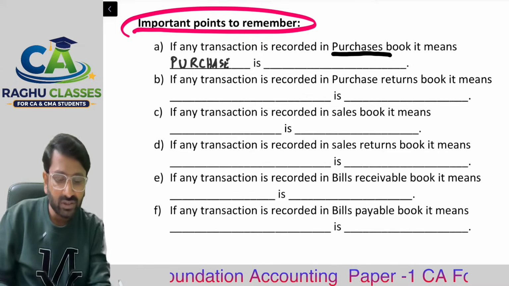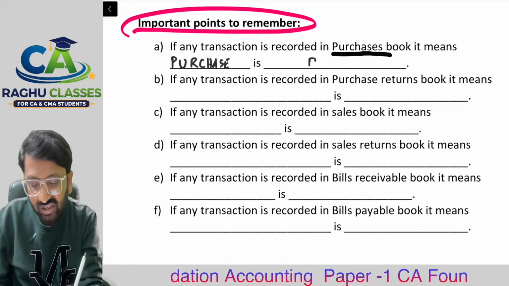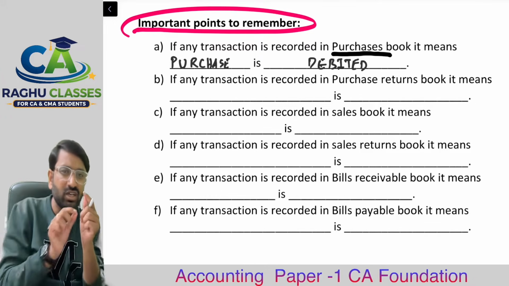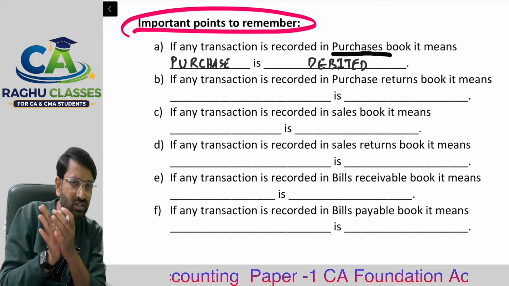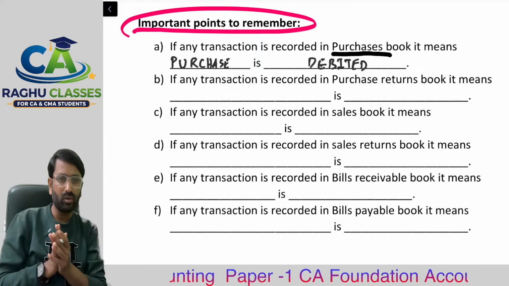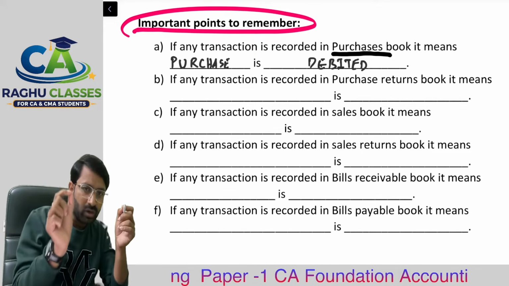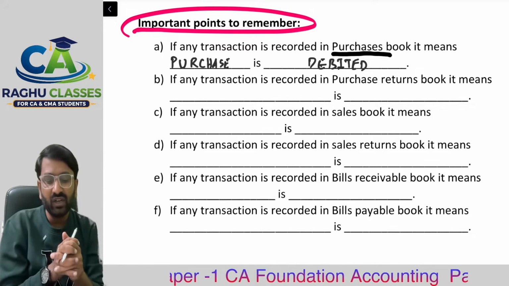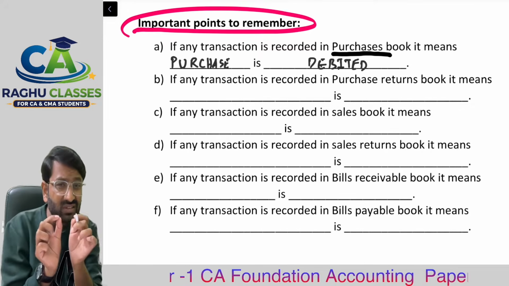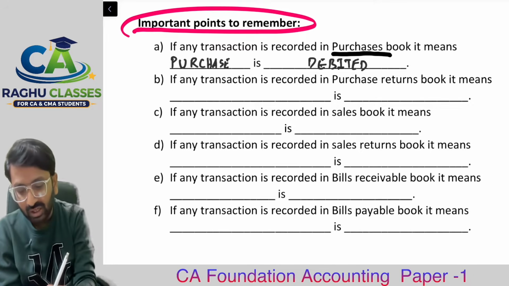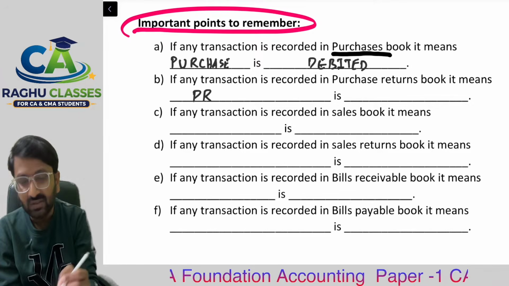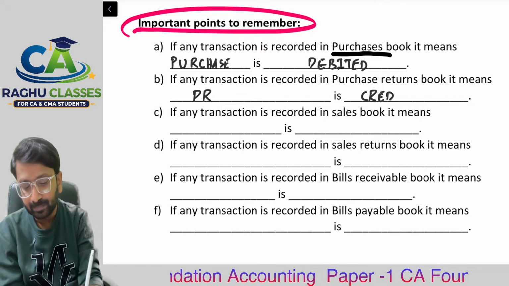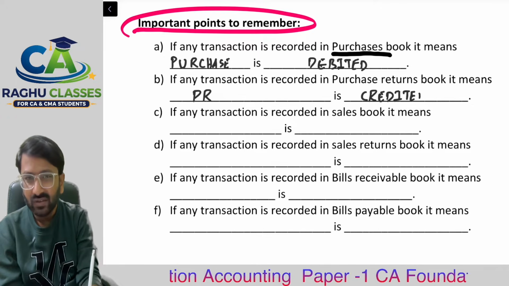And normally purchase account will be a debit balance, so the moment you record anything in the purchase book, it means purchase account is debited. Whichever book you record in, that particular account is going to get affected. Same way, if any transaction is recorded in the purchase returns book, then it means your purchase return account is credited. It's a credit balance now.